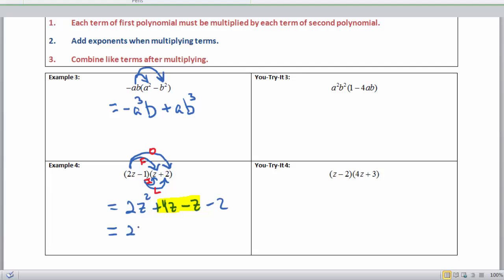So the 2z squared stays, but then 4z and negative z become 3z minus 2. So 2z squared plus 3z minus 2. Alright? And again, rather than trying to memorize FOIL, I would just realize that every term of the first polynomial needs to get multiplied by every term of the second polynomial.